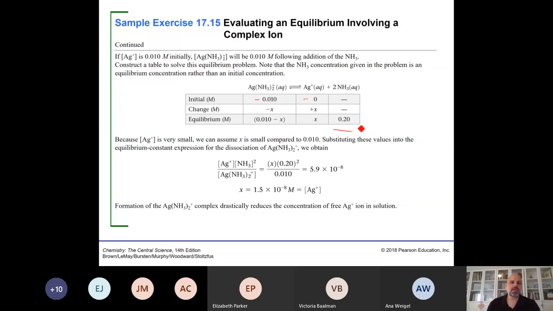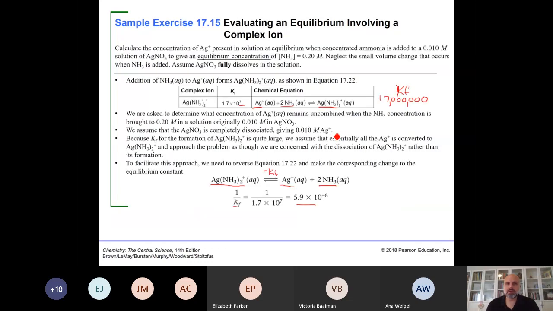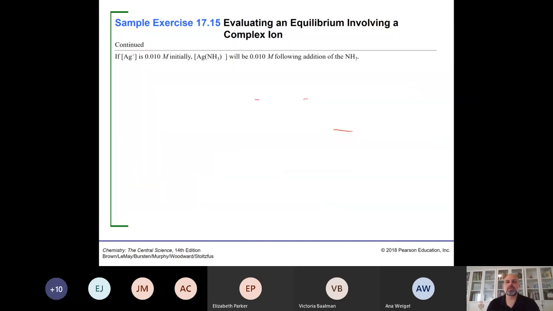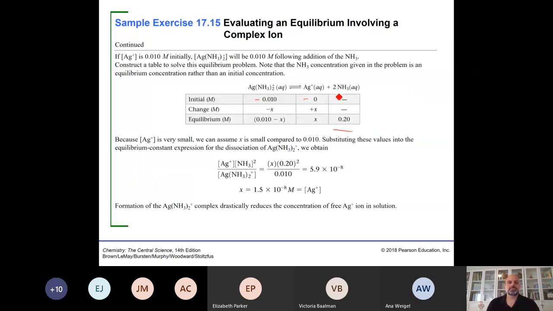So we've added the ammonia into the solution. I'm sorry, they were asking for silver ion. I thought it was ammonia. Silver ion present, right? So I should look back. So we're trying to figure out what is the X in this equation.